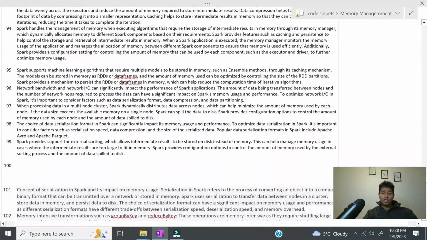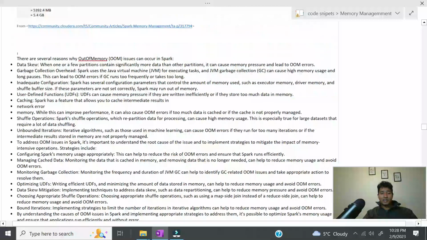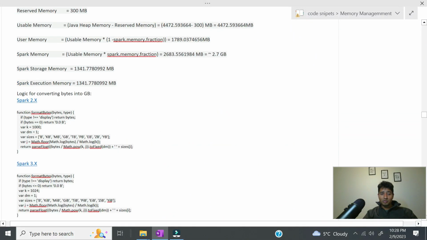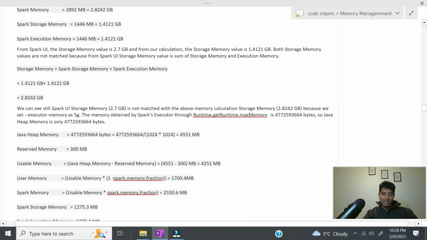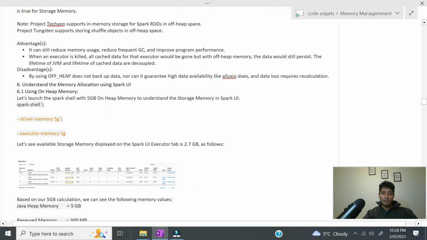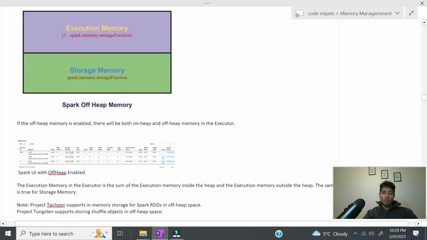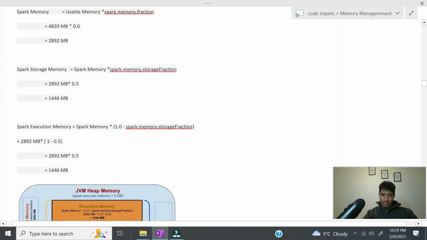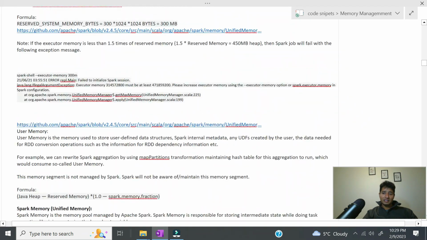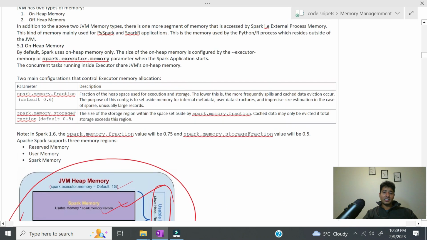So from memory management point of view, I think we have covered everything from top down to bottom up. If anybody asks you anything, nothing will come out of here. That's for sure.